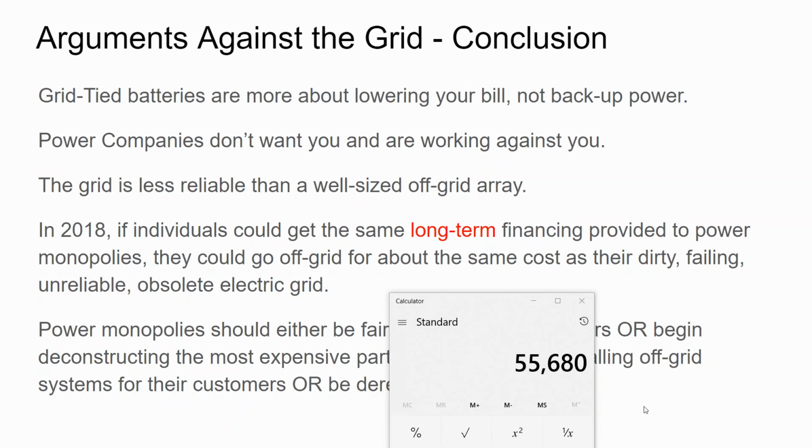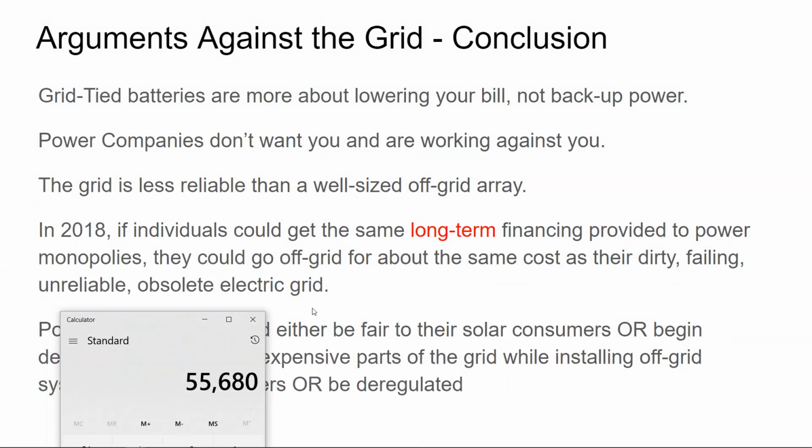It's kind of like the solar industry back in 2008, except now it's the solar plus battery industry in 2018. The one thing that is kind of lacking is long-term financing. If we could get long-term financing for this off-grid market, it'll really start to pick up a notch.